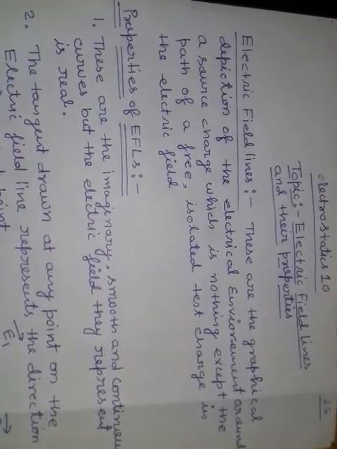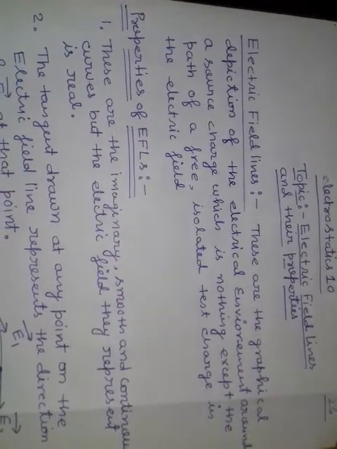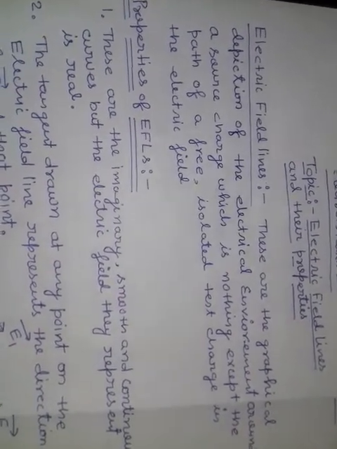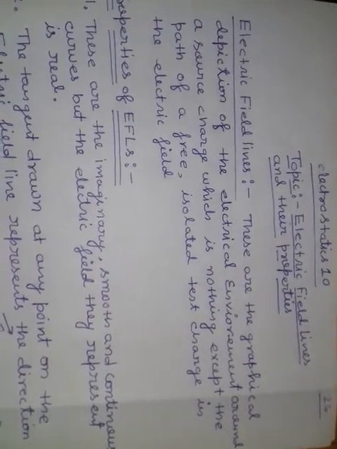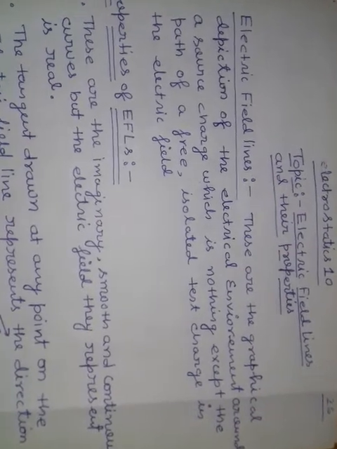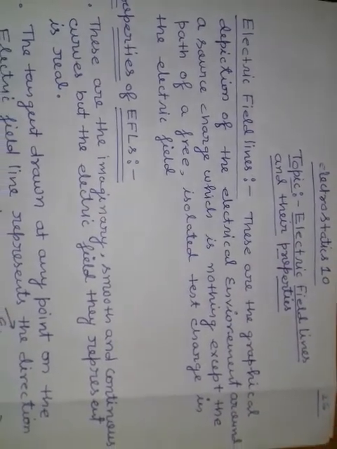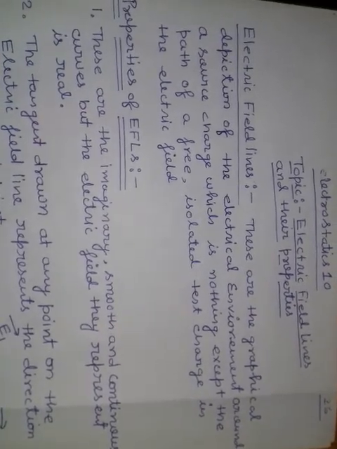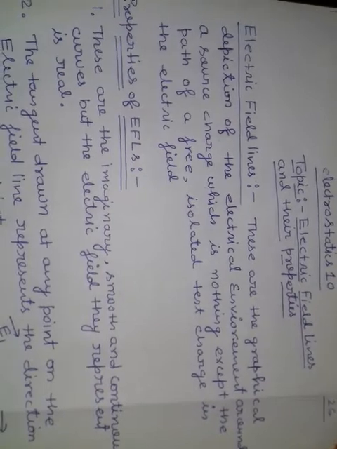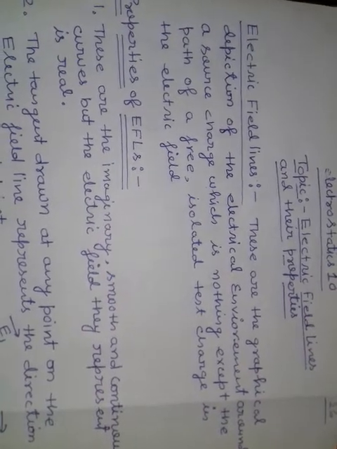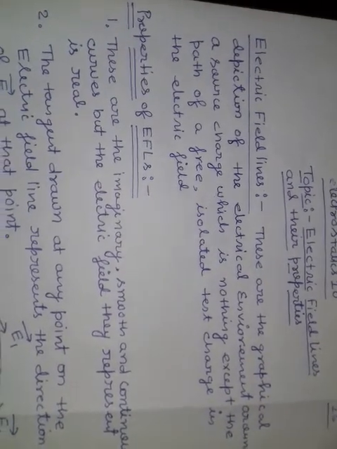It will follow some path. So this path is known as electric field line. These are the graphical depiction of the electrical environment around a source charge, which is nothing except the path of a free isolated test charge in the electric field.